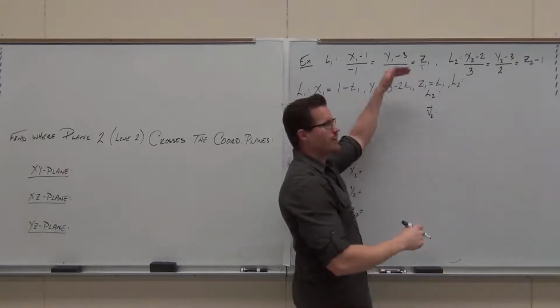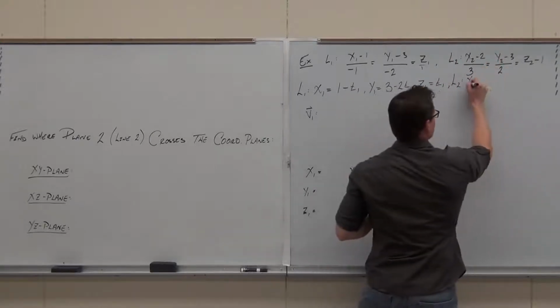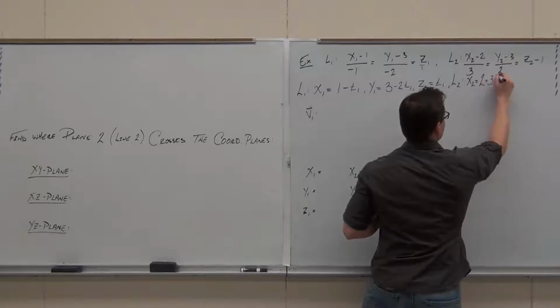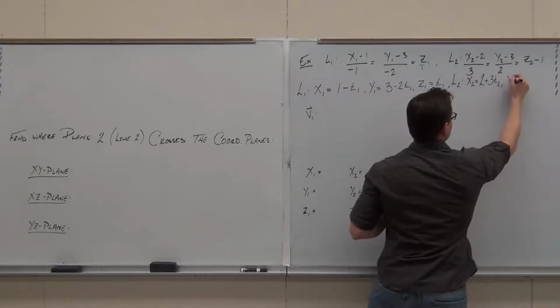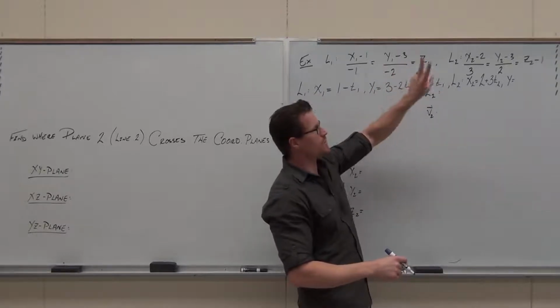L2, same stuff. Multiply the t2 times 3, add the 2. Multiply the imaginary t2 times 2, add the 3.